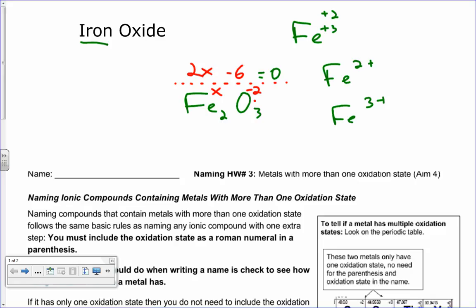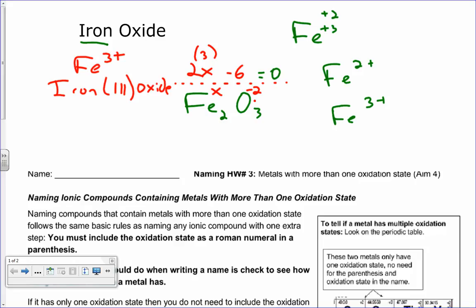Just like in math class, you solve for X. And when you solve for X, you're going to see 2 times 3 equals 6, minus 6 equals 0. So we know that in this case, we're talking about Fe3+. So if we were to name that, we would name it iron(III) oxide.